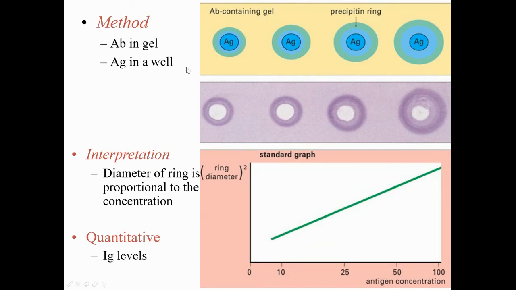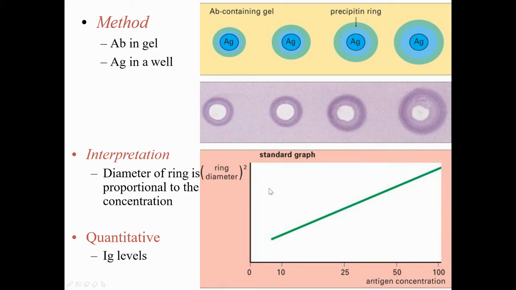Already antibody is there, and then we are making a small hole and adding an antigen into it. If you add the antigen into that already antibody-coated gel, what happens? That will go for precipitin ring formation. Can you see that? The precipitin ring formation, and finally we get the ring like this.